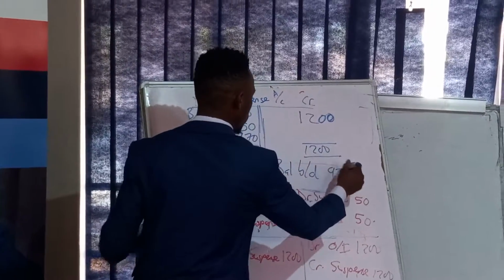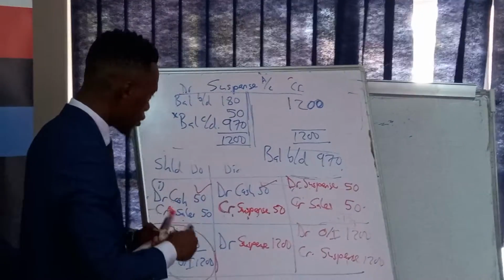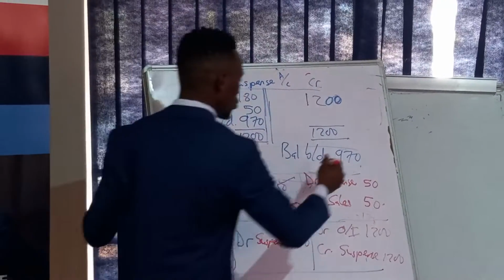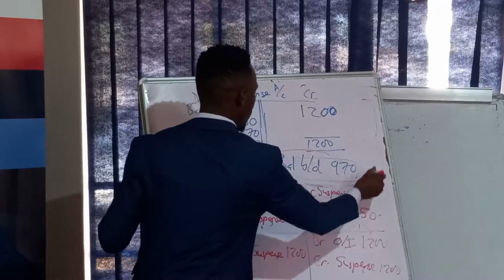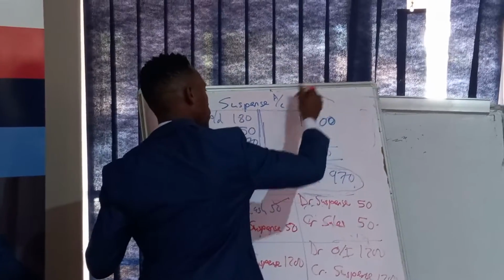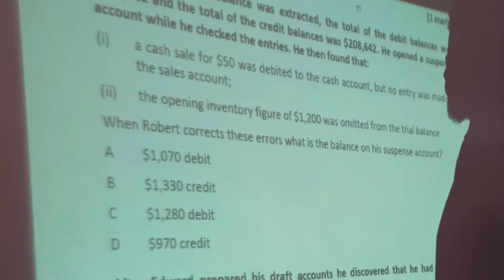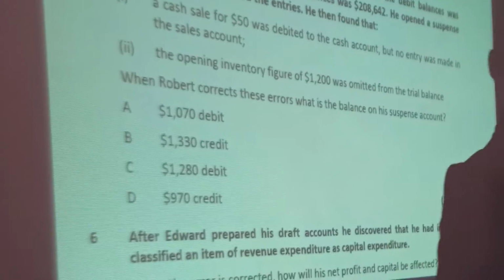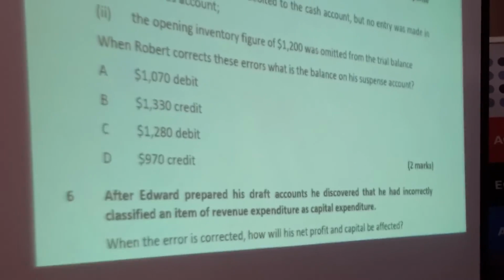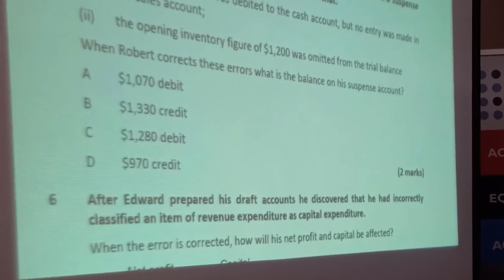You understand? 970 here. So this is what you do. The BD of 970 is on which side? Is on the credit side. So that means the correct answer there is D. Yes, it's D. So these are the errors.